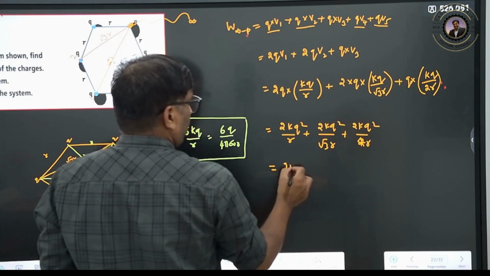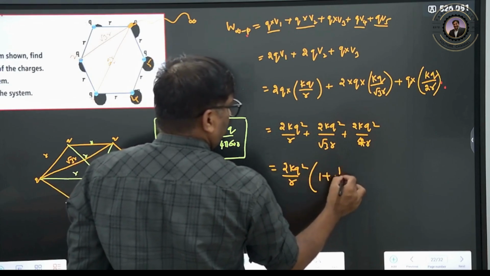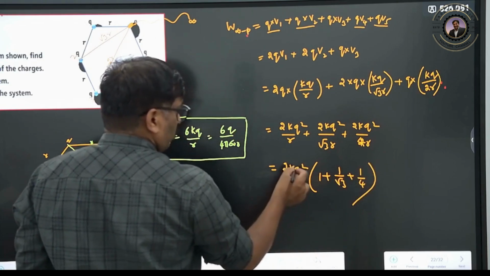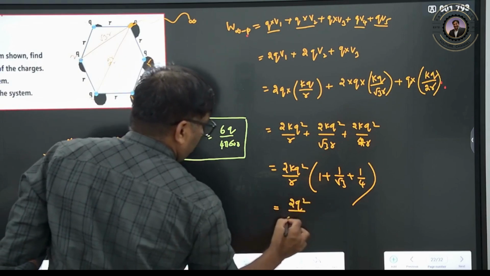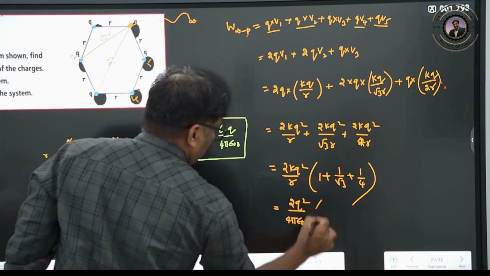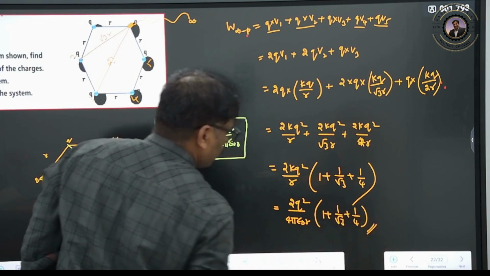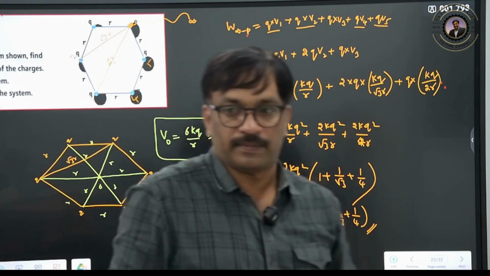So 2kq square by r taken common, 1 plus 1 by root 3 plus 1 by 4. Clear? So 2 means 4 pi epsilon naught, therefore 2q square by 4 pi epsilon naught into r, 1 plus 1 by root 3 plus 1 by 4. So this is your potential energy associated with any one of the point charges.